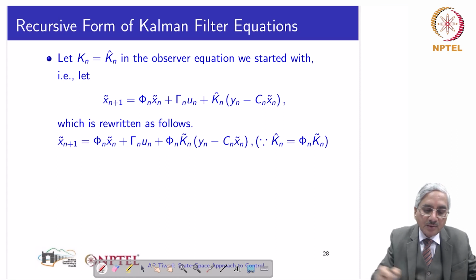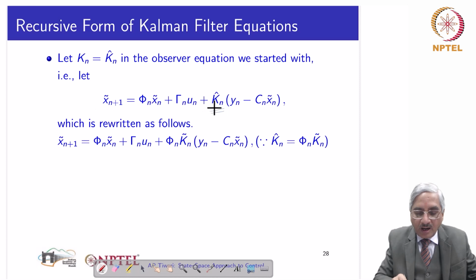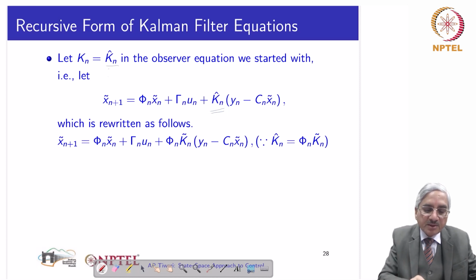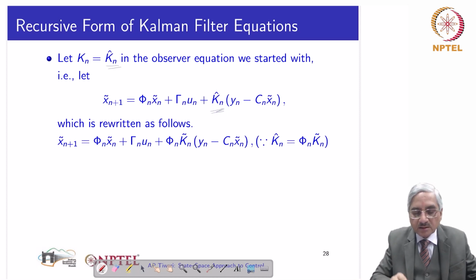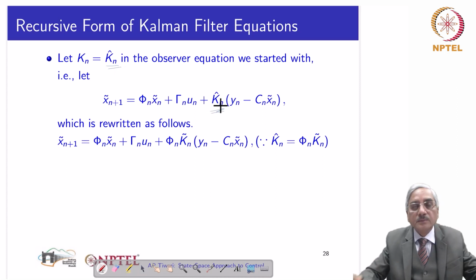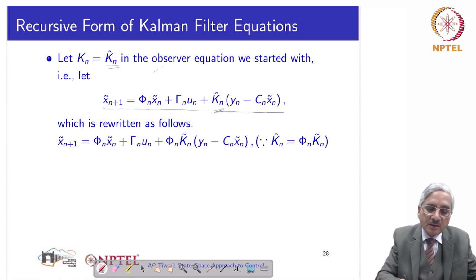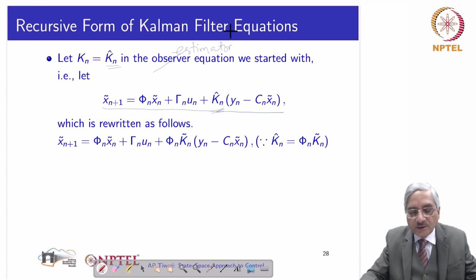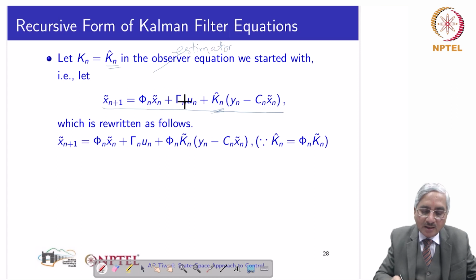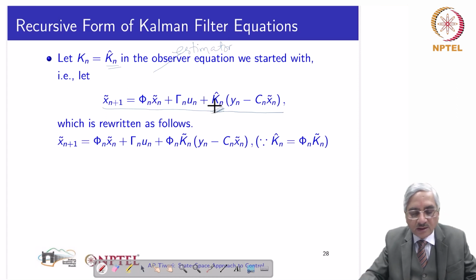With the help of this, we go back to the original observer equation. Here it was Kn, and because we just obtained Kn hat, we make that substitution in place of Kn. So we get the original estimator equation, or optimal observer equation, which we started with. We rewrite it, in place of Kn we write Kn hat.